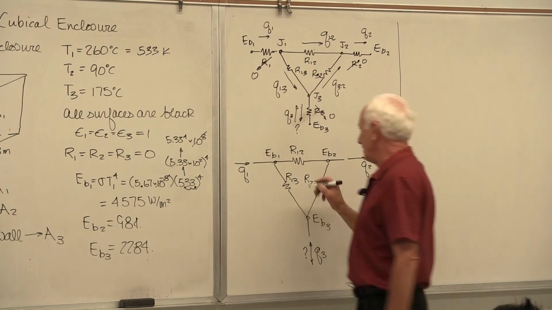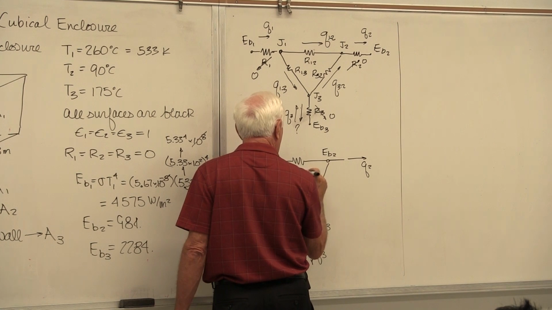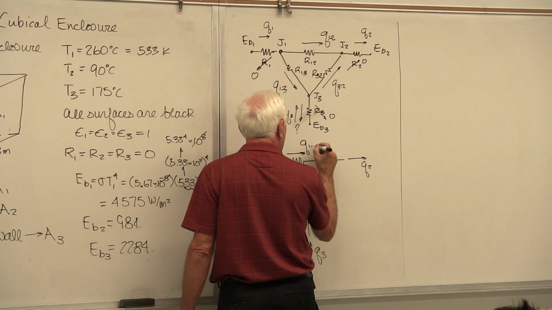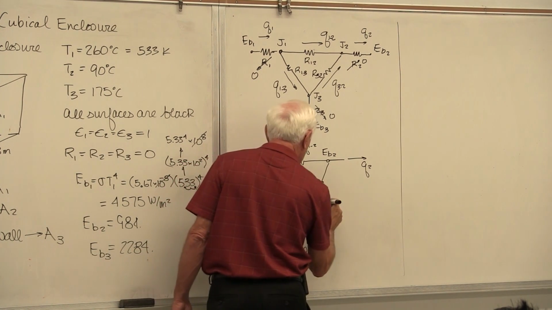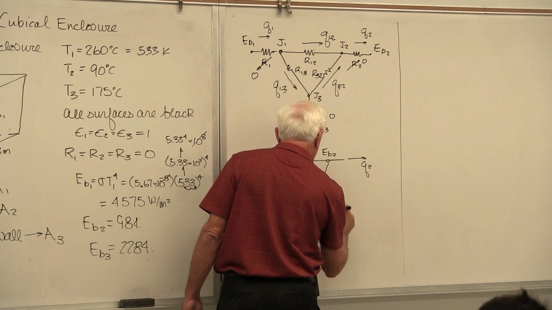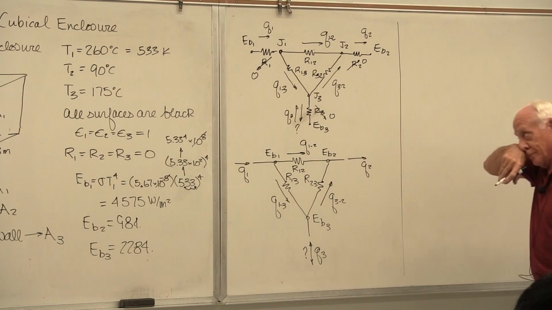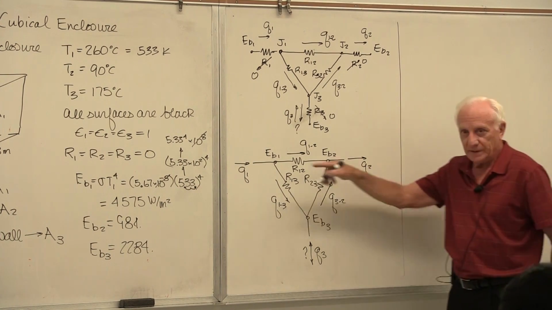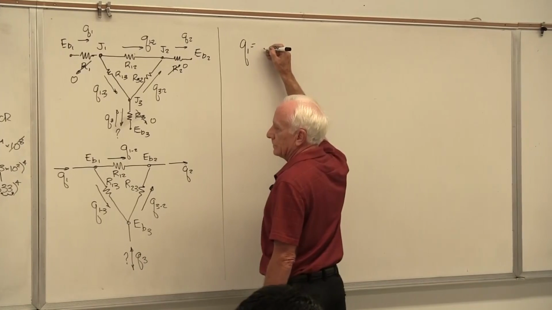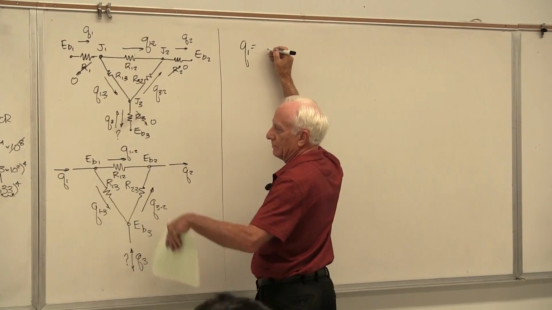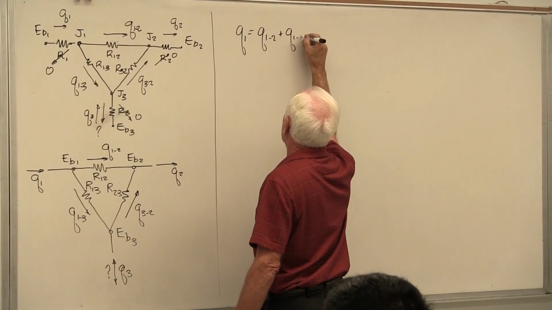Let's call these things what they are. I'm going to move R12 inside here. Q1-2, Q1-3, Q3-2. All right, let's find Q1. Q1 is equal to, what comes in goes out, Q12 plus Q13.